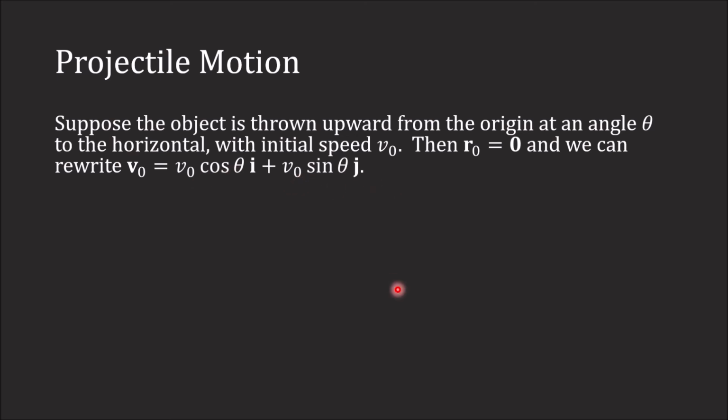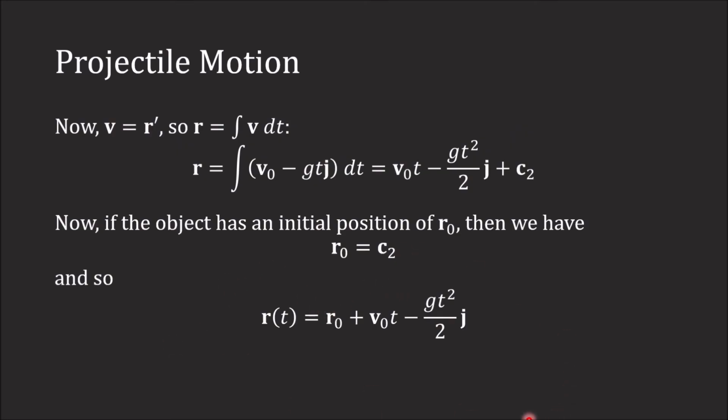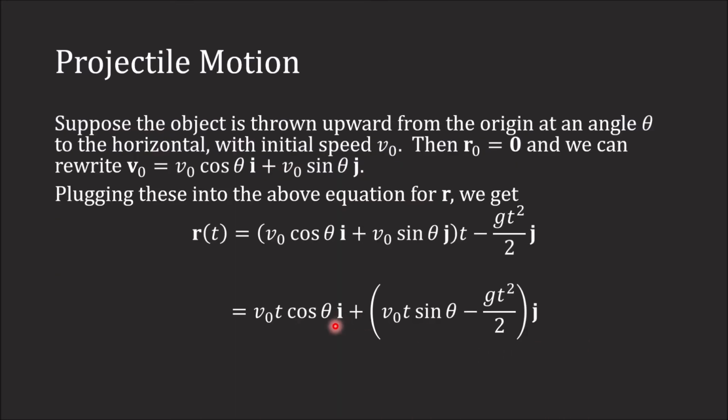If we plug these into here, then we get r of t is v naught cosine theta i plus v naught sine theta j t minus gt squared over 2 j. Combining the i and j components, we'll have v naught t cosine of theta i plus the quantity of v naught t sine theta minus gt squared over 2 j hat. This is known as the equation of projectile motion.